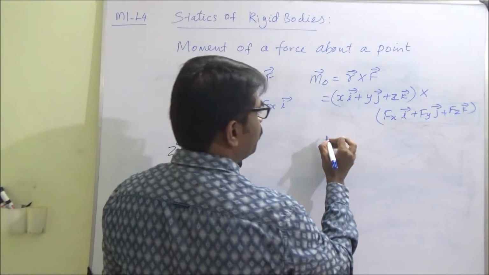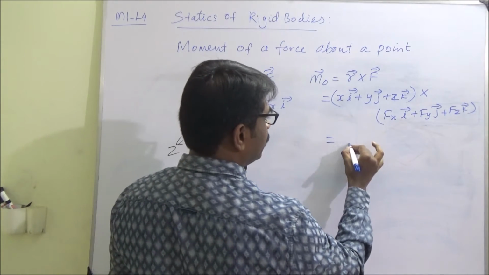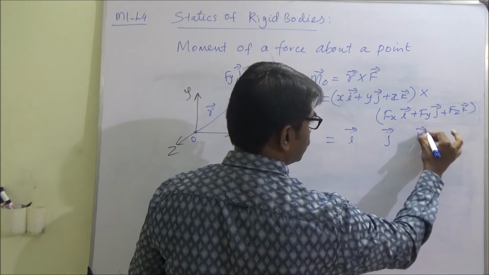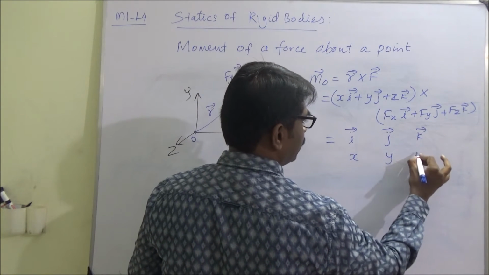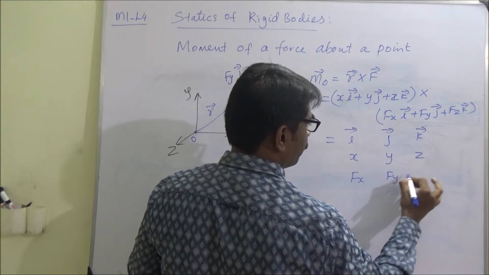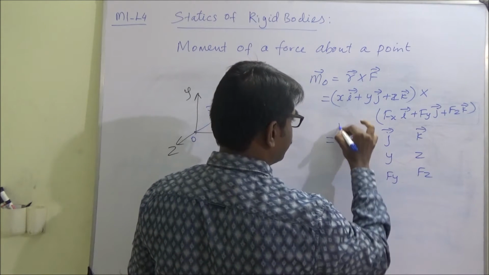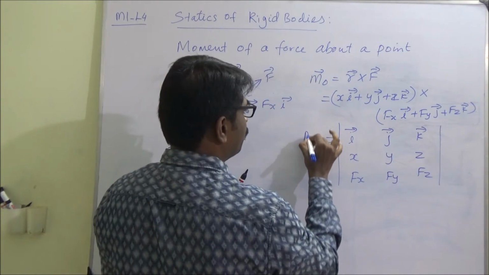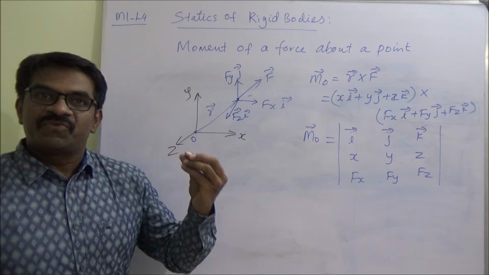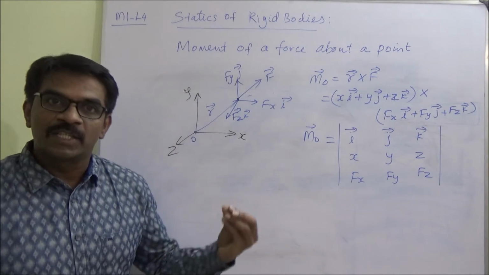Okay, now if you are multiplying, then you will get i vector, j vector, k vector, x, y, z, Fx, Fy, Fz. Determinant of a force in 3D or in space.